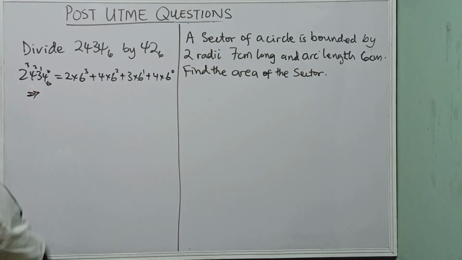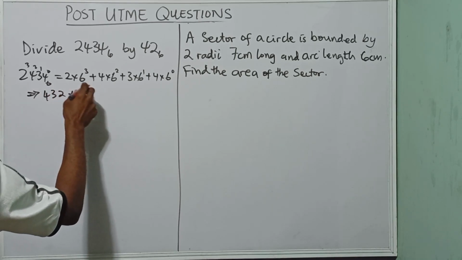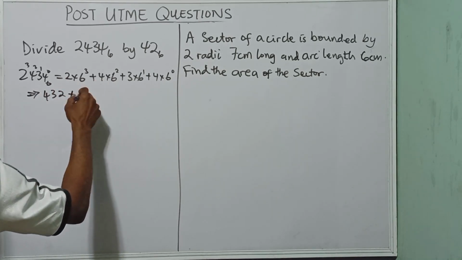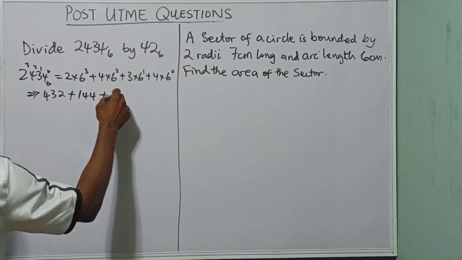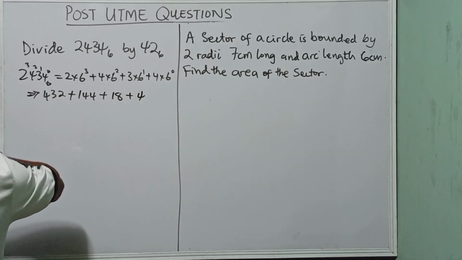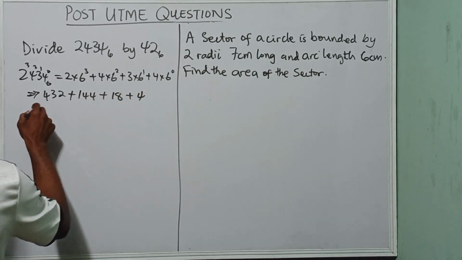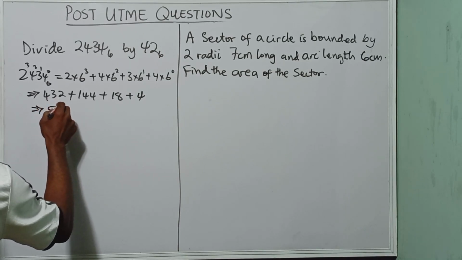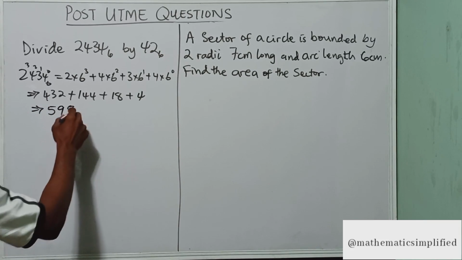Now this gives us 2 times 6 raised to power 3, which is 432, plus 4 times 36, which is 144, plus 6 times 3, 18, plus 4 times 1, 4. In total this gives us 598 base 10.